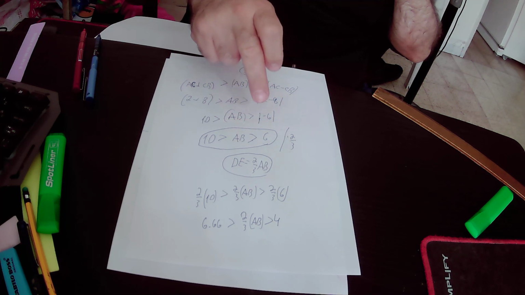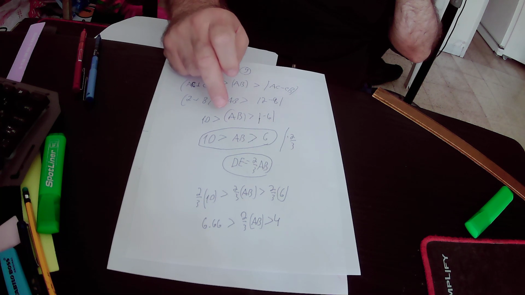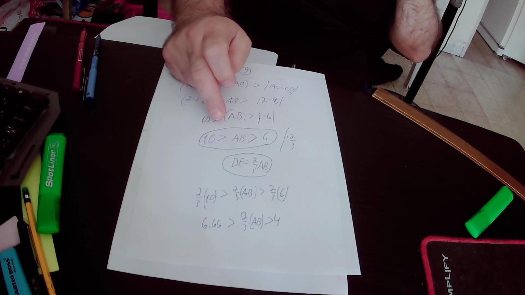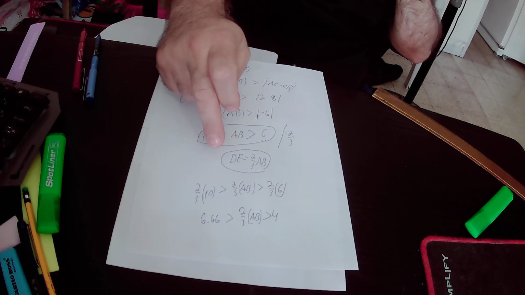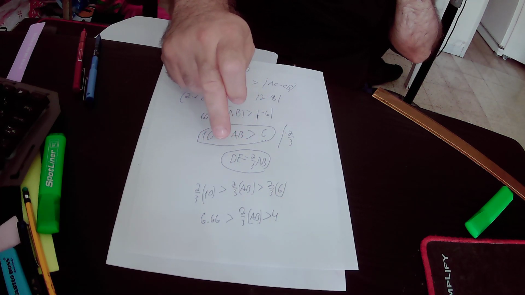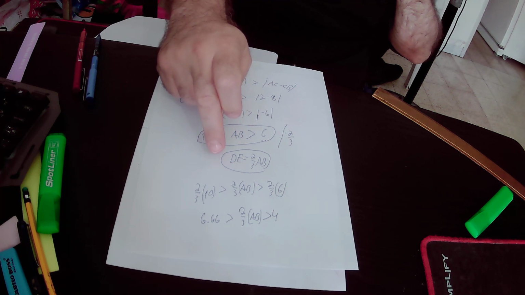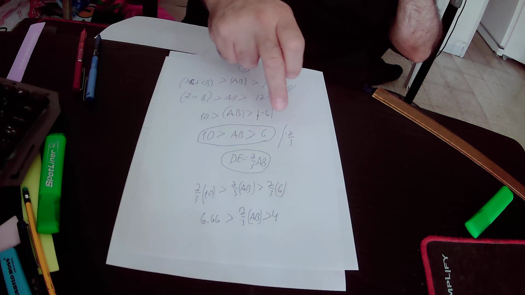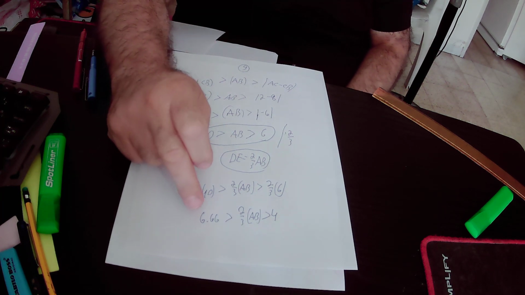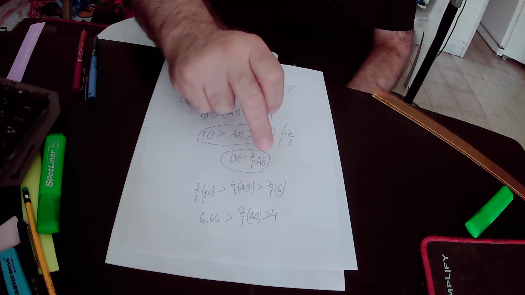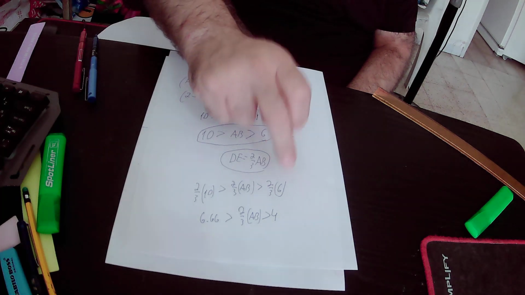So here we will multiply this inequality by 2/3, and we will get that 2/3 AB is smaller than 2/3 times 10, and it is bigger than 2/3 times 6. 2/3 times 10 is 6.66, and 2/3 times 6 is 4.